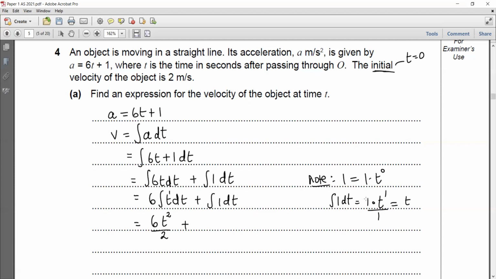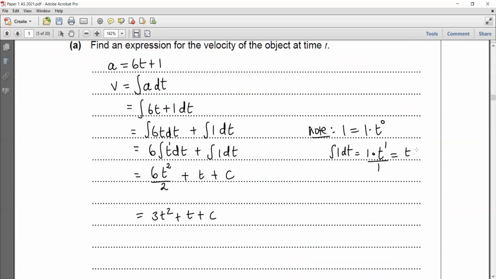So t times 1, which is just t. And then, of course, we always have a constant of integration, c. Simplifying this, we have 3t squared plus t plus c. That is our formula for the velocity.